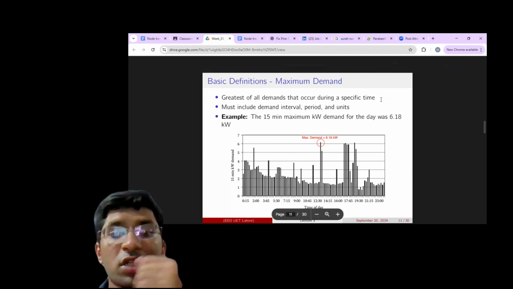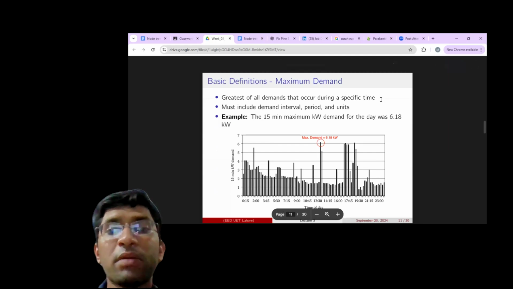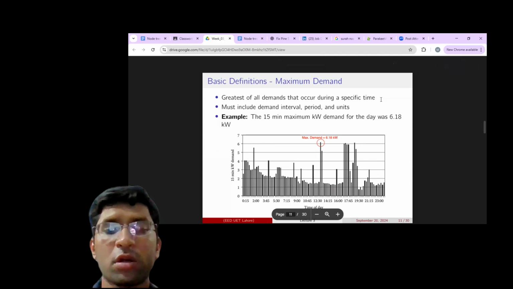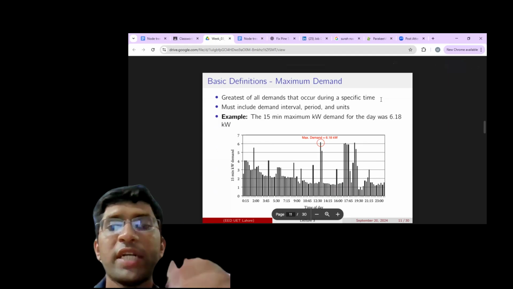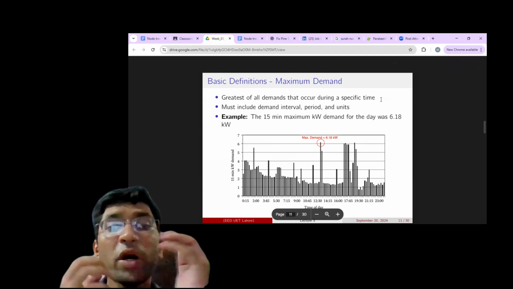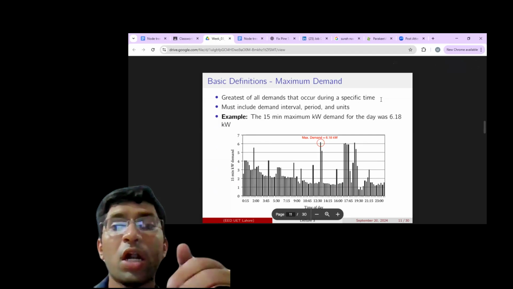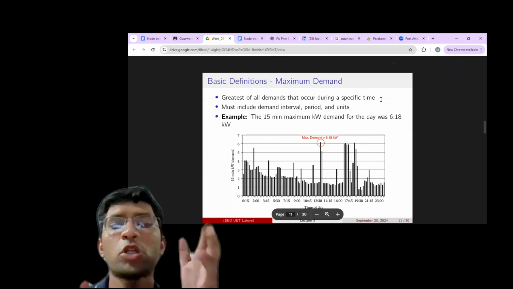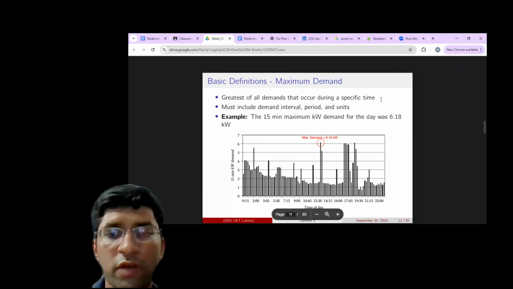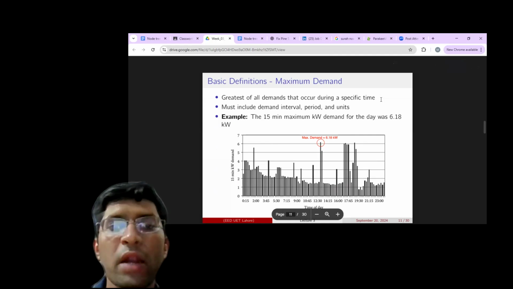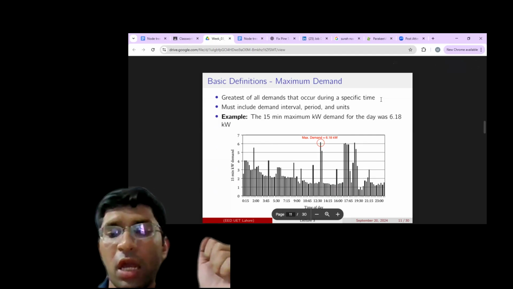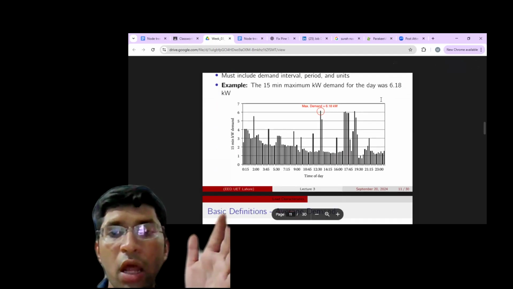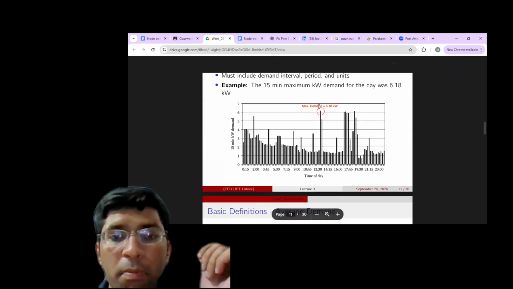The basic definition of maximum demand is the greatest of all demands that occur during a specific time. You must include the demand interval, period, and units, because it's the greatest of all demands that occur during a specific time. The 15-minute maximum kilowatt demand for the day I show you here was 6.18.